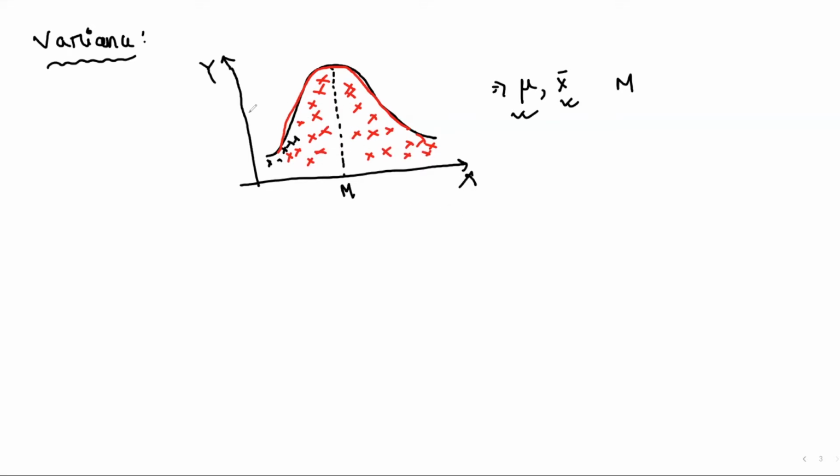Let me also give you the x coordinates. Let's say X is age, and this is salary. So we are plotting a graph between age and salary.